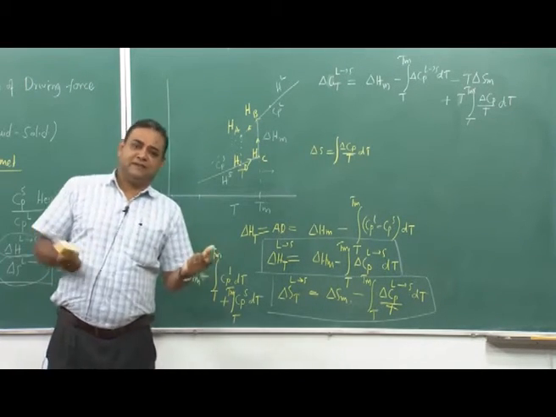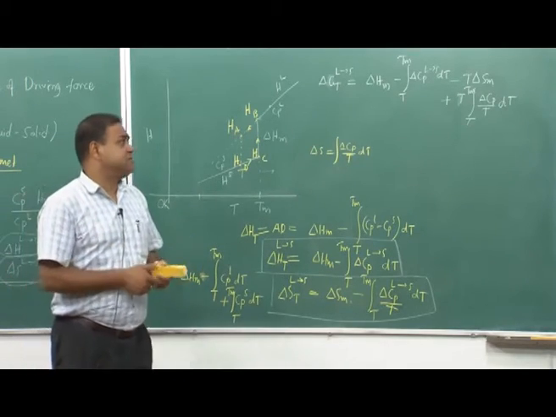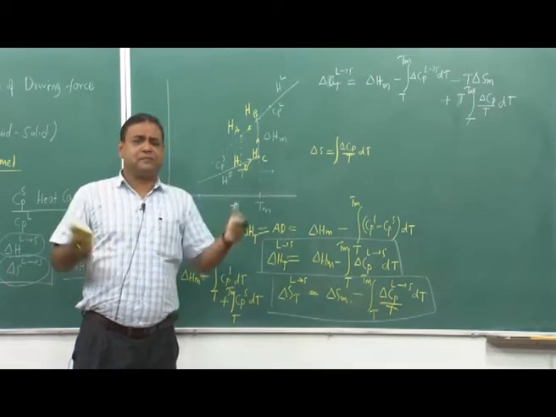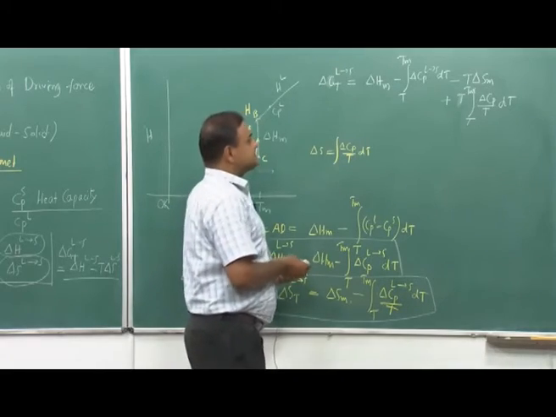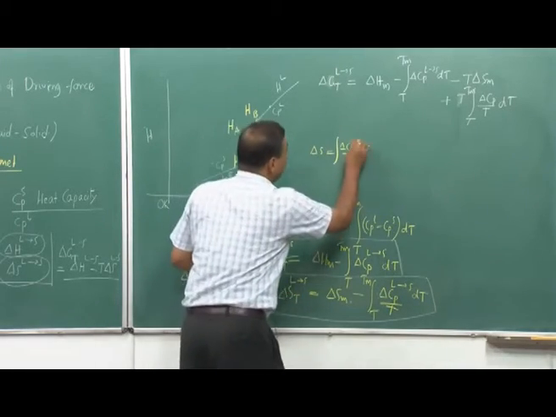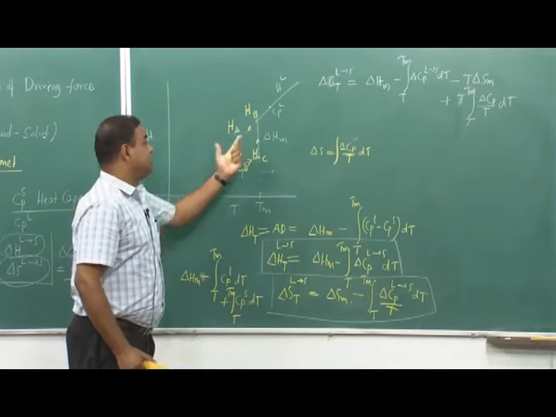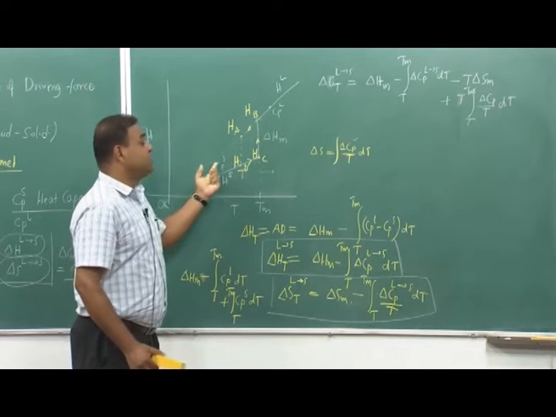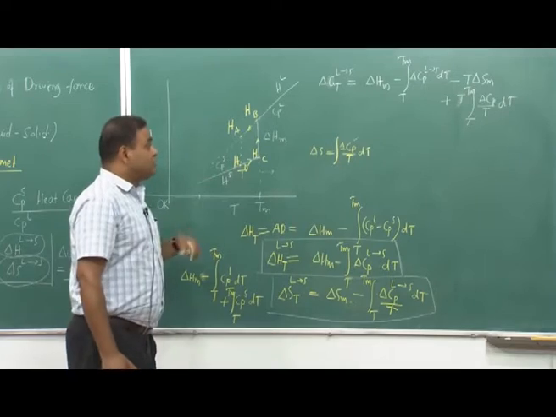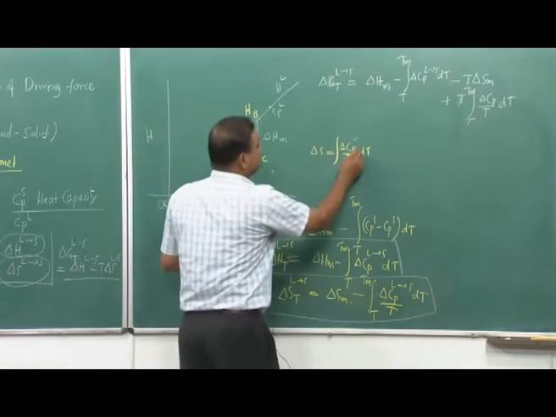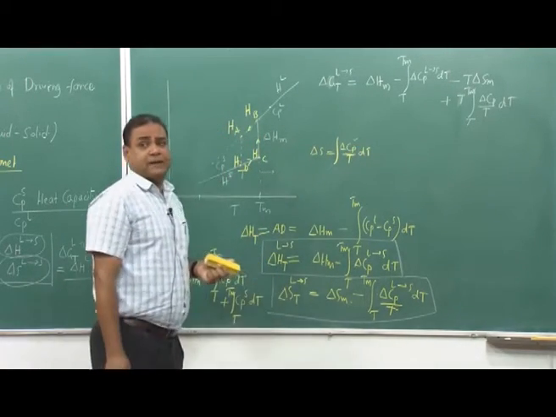I would simply consider those crude assumptions. If we do not have the del Cp value, it is very easy to find out Cp of solid, but very difficult to find out Cp of liquid below melting point. So, we have to take some value of this del Cp.